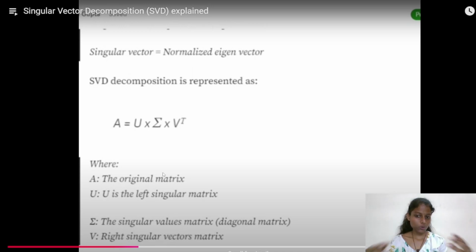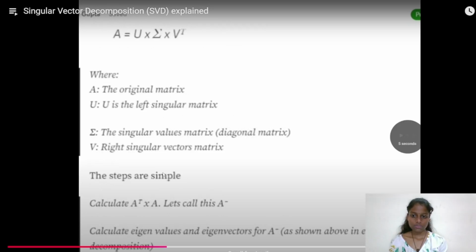A is the original matrix, U is the left singular matrix, sigma is the diagonal matrix of singular values, and V is the right singular vectors matrix. In sigma, only diagonal values are present and the rest of the values are zero.